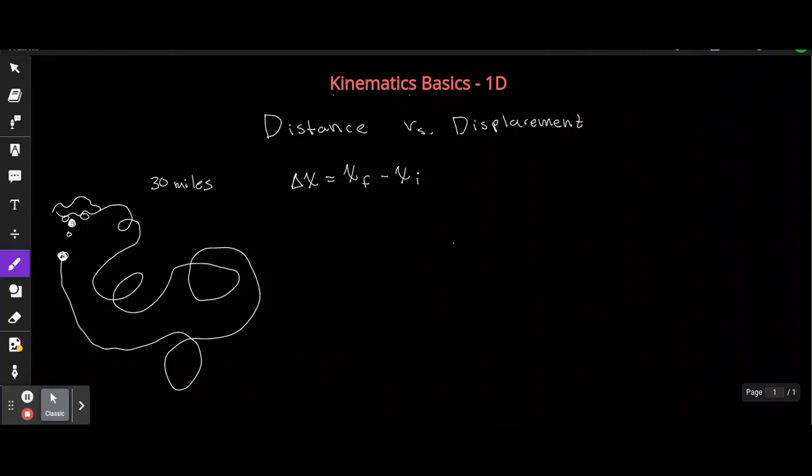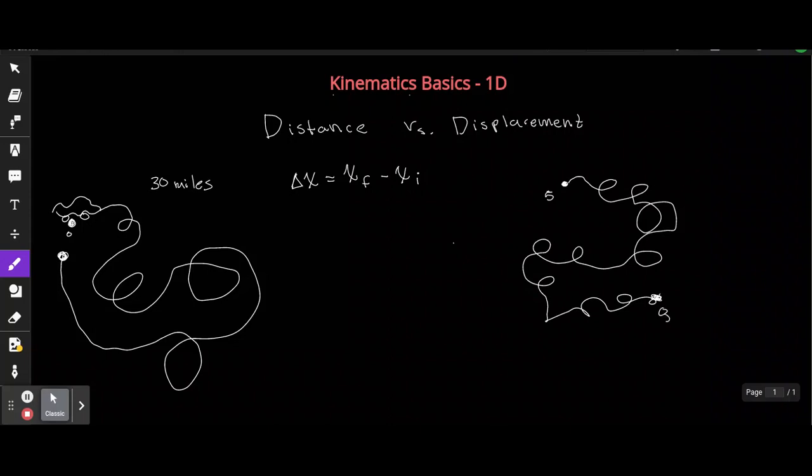So another example would be if I had my car start at position 5, let's say, and it traveled this loopy road and went right back here to position 8. We can calculate displacement by saying final position, which is 8, minus the initial position, which is 5, is 3. That tells us that the car's displacement is 3.